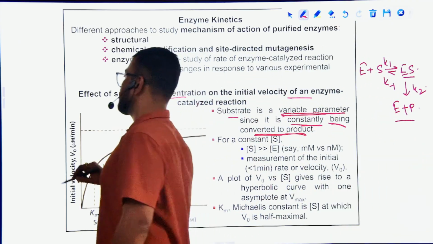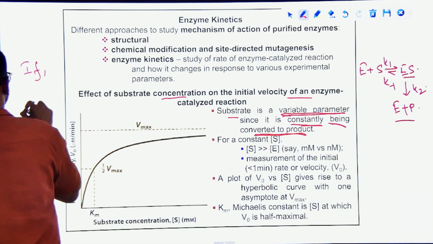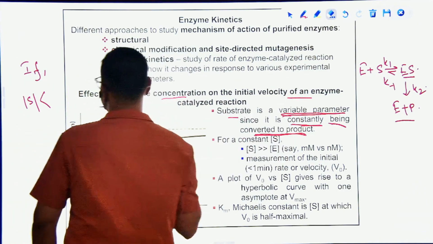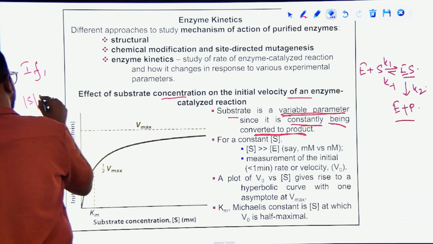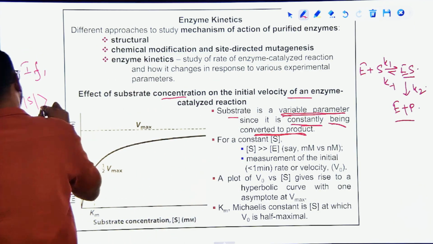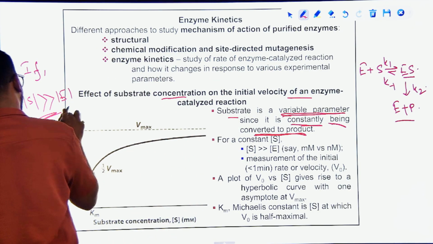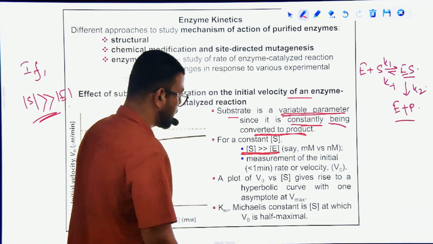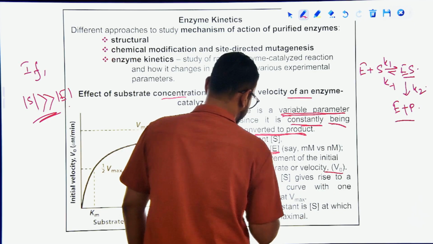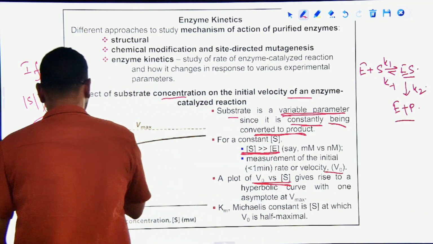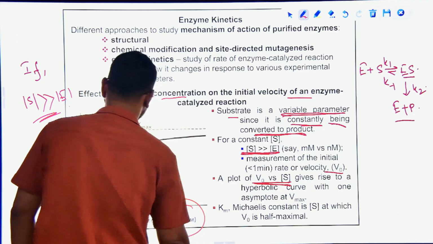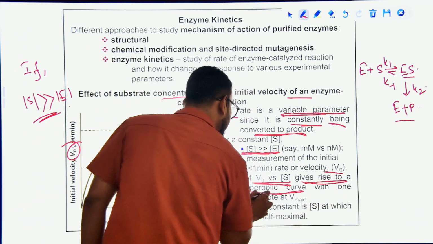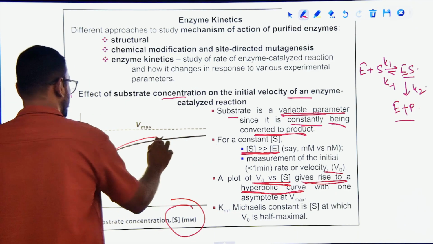But if substrate concentration is much greater than enzyme concentration, and we plot V naught against substrate concentration, then it gives us a hyperbolic curve.